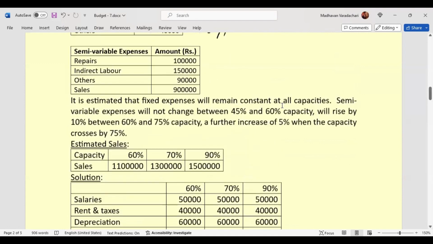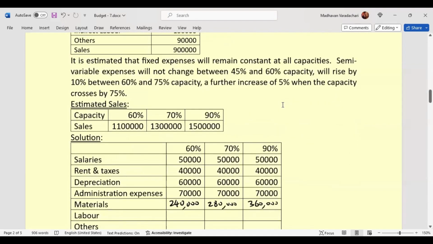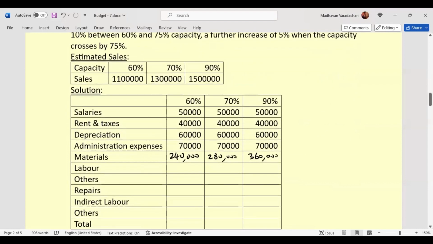Labor, it is 5,000 per percentage. So here it is 5,000 into 60, 3 lakhs. Here 5,000 into 70, 3,50,000. 5,000 into 90, 4,50,000.